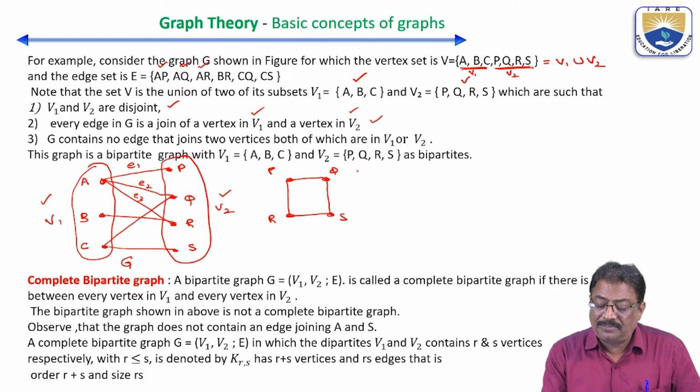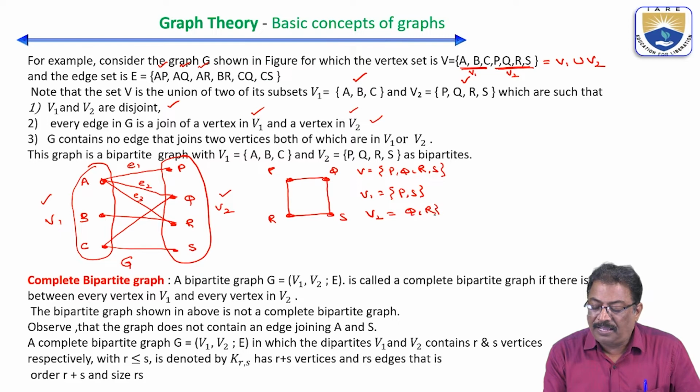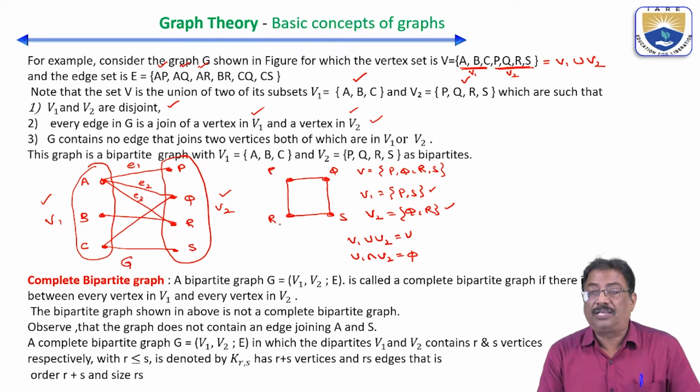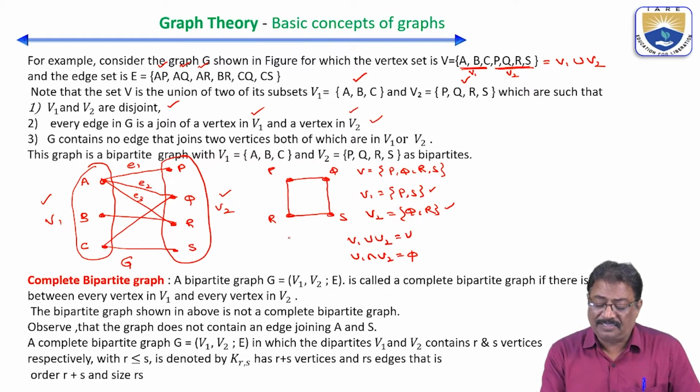The vertex set is P, Q, R, S. If I take V1 as {P, S} and V2 as {Q, R}, then V1 union V2 is equal to V, and V1 intersection V2 is the null set, and there is no edge from P to S or S to P, and no edge from Q to R.